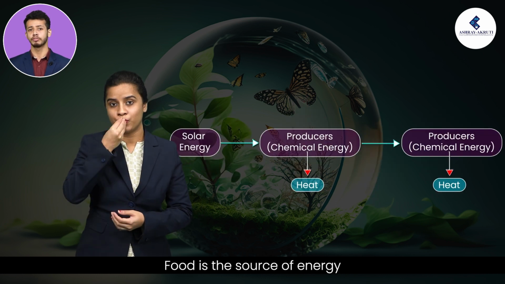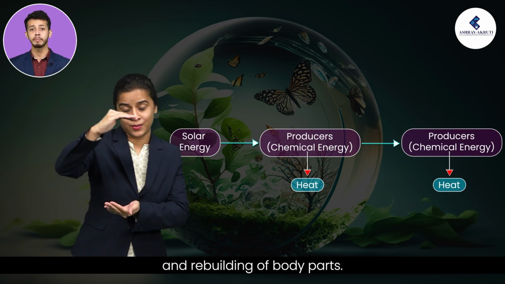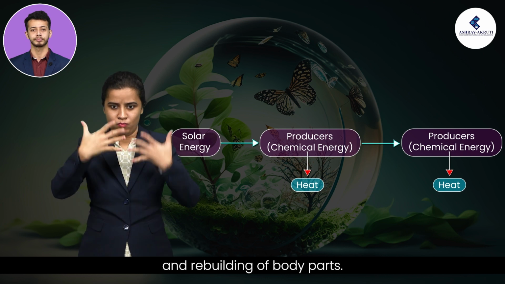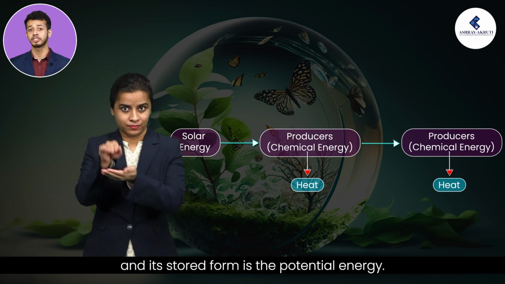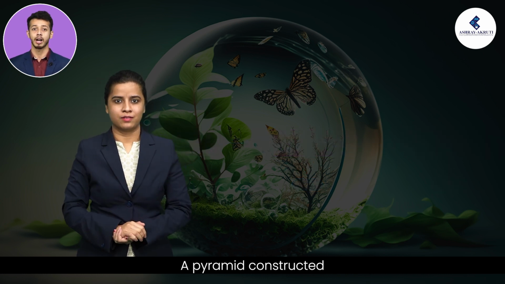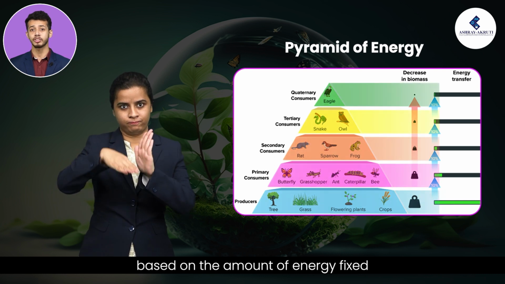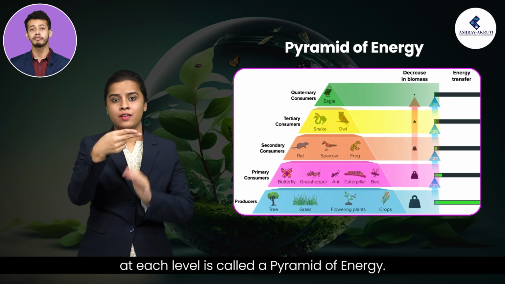Food is the source of energy for organisms, used in the growth and rebuilding of body parts. Food is chemical energy, and its stored form is potential energy. A pyramid constructed based on the amount of energy fixed at each level is called a pyramid of energy.